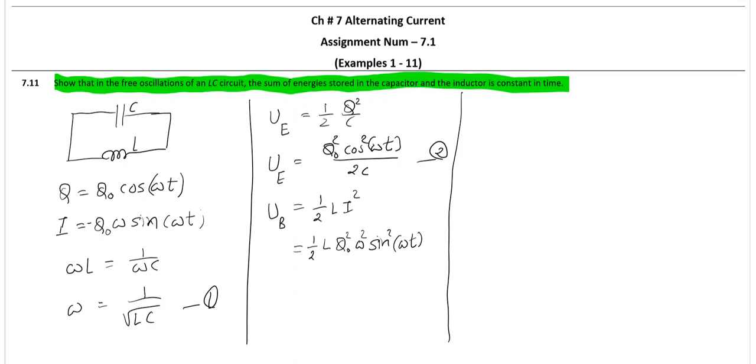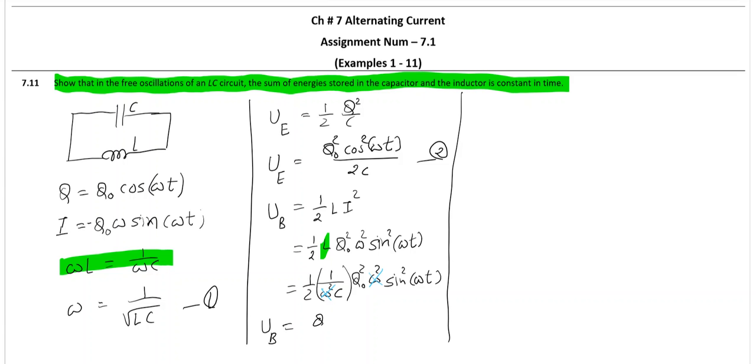Now instead of this L, if I use this formula, it becomes 1/ω²C, and the equation is 1/2 × 1/ω²C × Q0² ω² sin² ωt. Then this ω² and this ω² get cancelled out, and what I'm left with is UB = Q0² sin² ωt with 2C in the denominator.